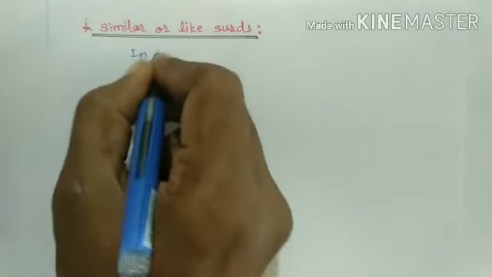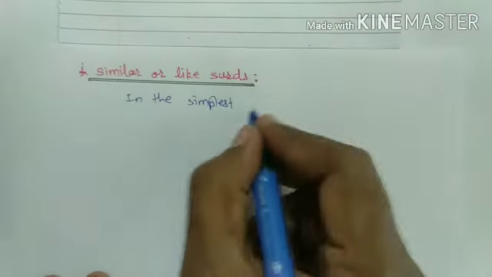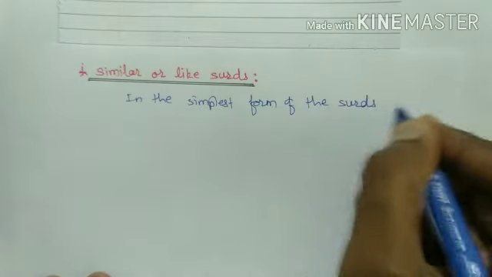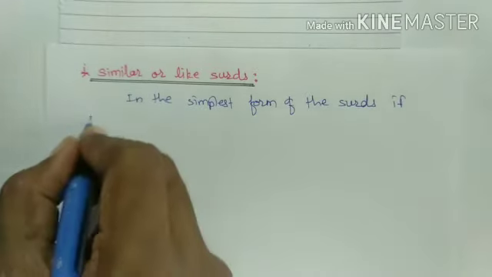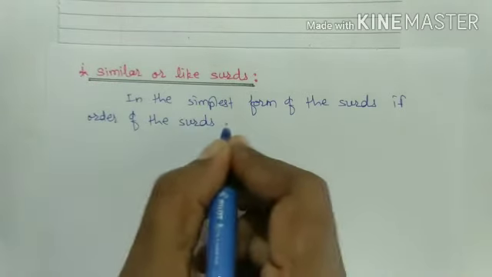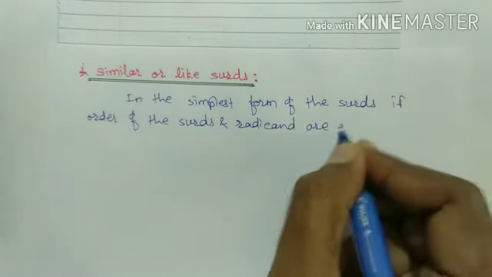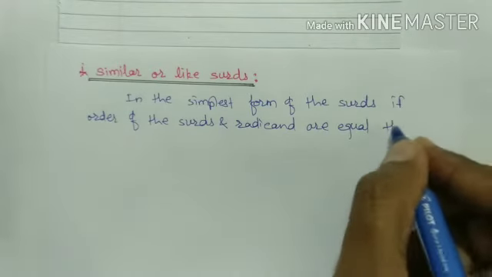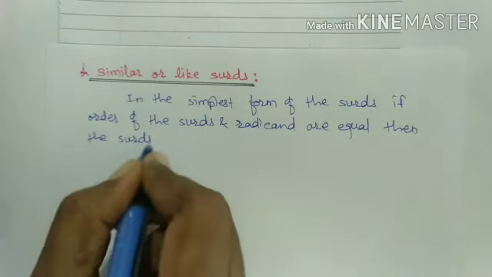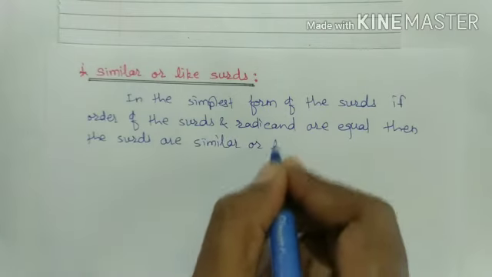See, in the simplest form of the surds, if the order of the surds and the radicand are equal, then the surds are called similar or like surds.